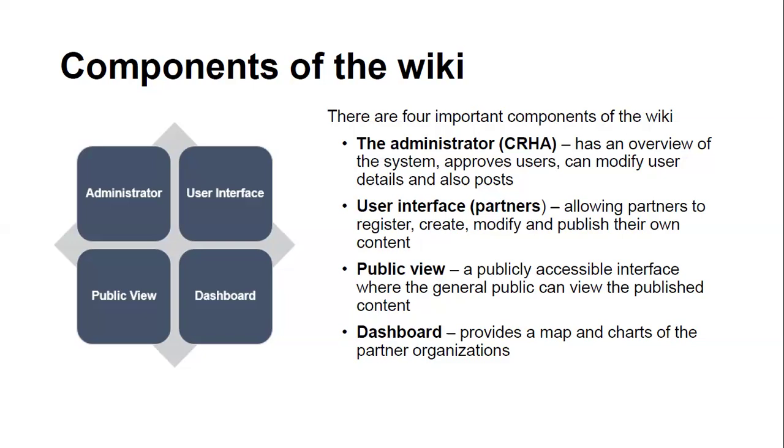A map showing the location of the partner. Somebody can click on the location and see which partner is here. And then the statistics tell us how many kinds of partners we have, what kind of thematic areas they work in, and how many beneficiaries they have. So these are the four critical components.